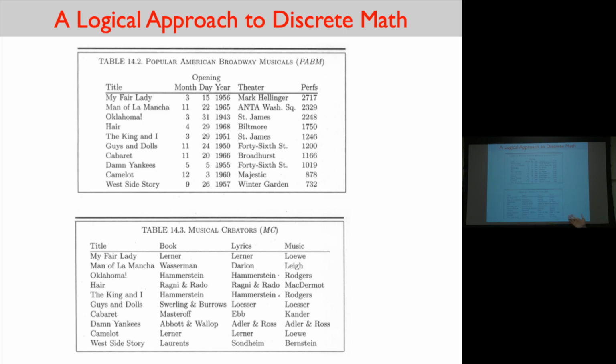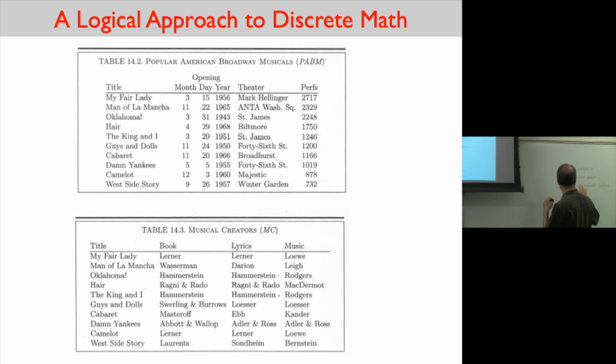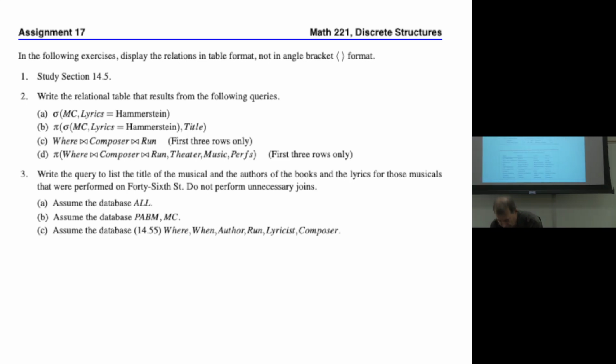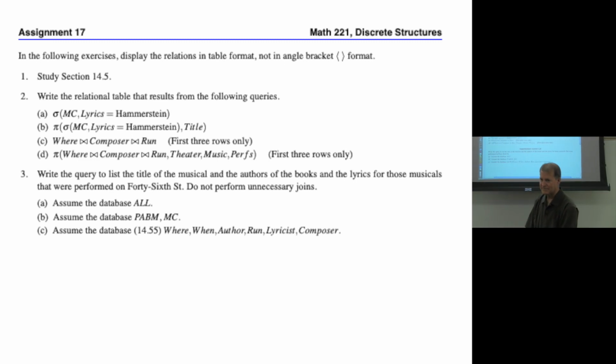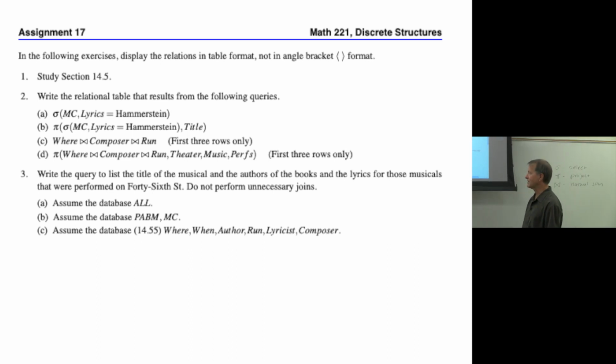It would give us Oklahoma. You select based on lyrics equals Hammerstein, on a Boolean. So it would return all the information on the MC table for those shows, right?